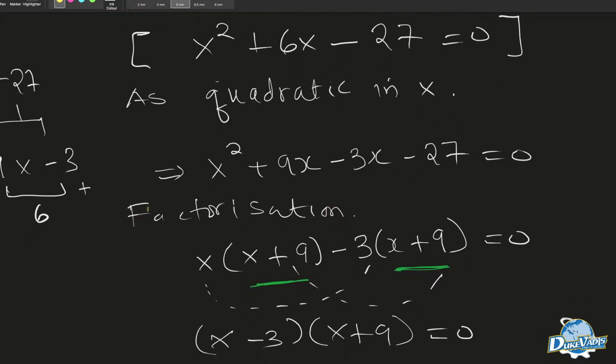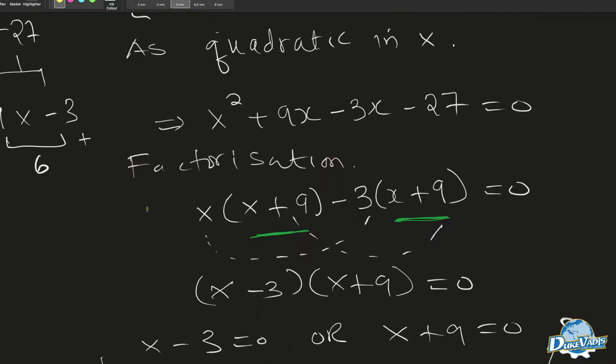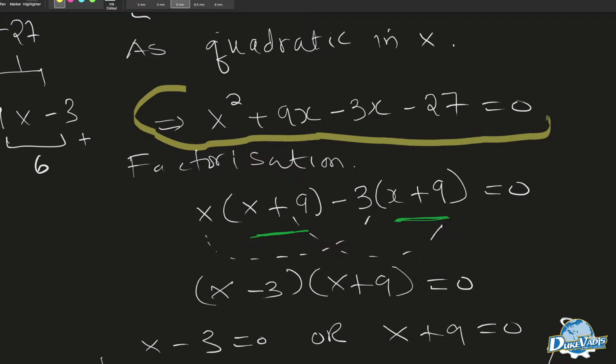So we substituted back into the equation. We have x squared plus 9x minus 3x minus 27 equals 0. Then we did a bit of factorization. We pull x out, then we have x into bracket x plus 9, and minus 3 into bracket x plus 9, equals 0.